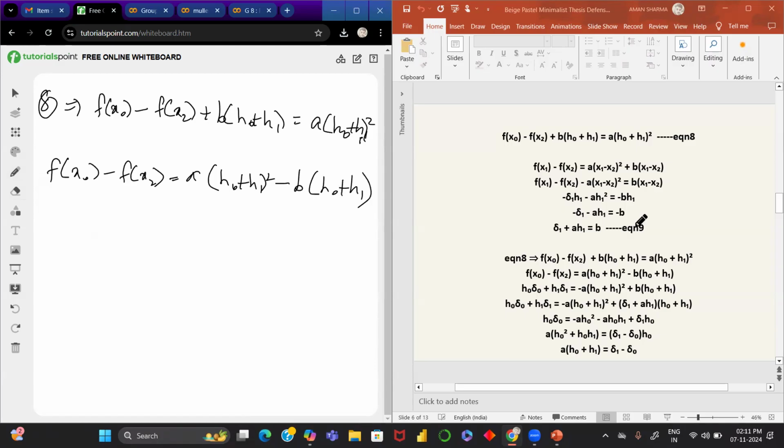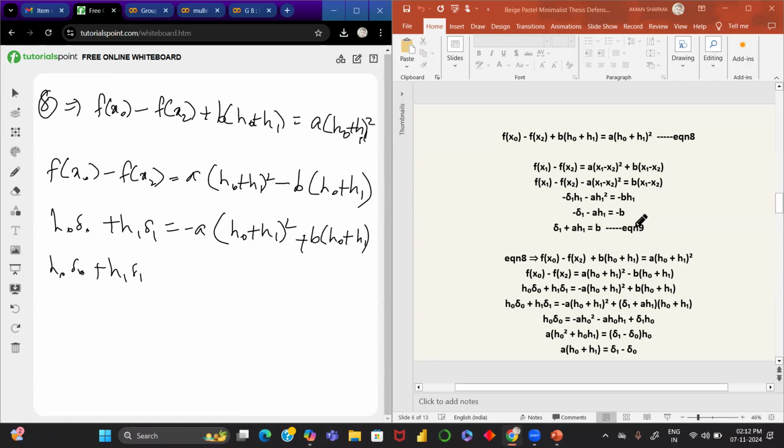And we change this into the terms of x naught, x1 and also the slopes. So we get x naught delta naught plus x1 delta 1 equal to minus a into x naught plus x1 whole square plus b into x naught plus x1.